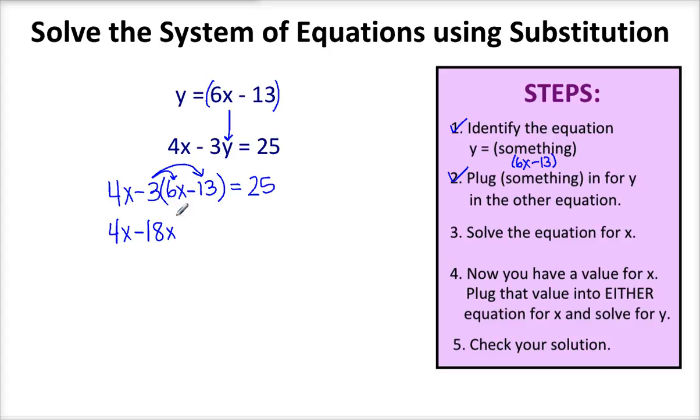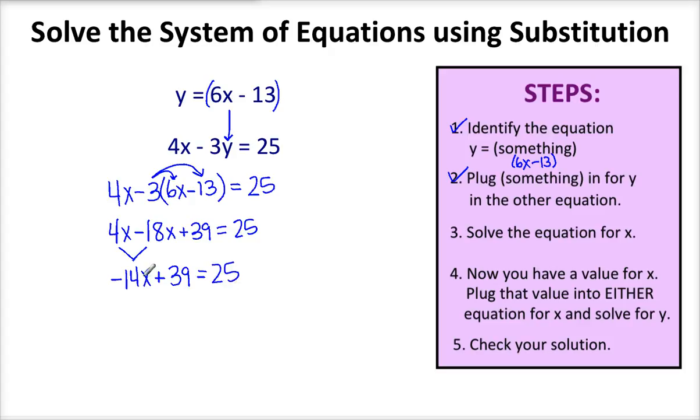Negative times a negative is a positive, so it's positive 39, and this is equal to 25. Okay, let's keep simplifying. I can simplify a little bit more because I can see I have 4x's and negative 18x's, so these can be combined. 4x minus 18x is negative 14x, and then everything else can stay the same. And I should be ready to solve now.